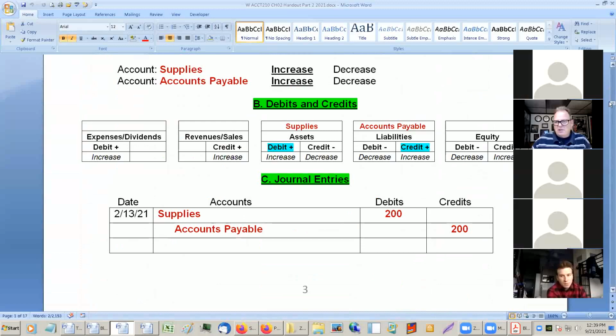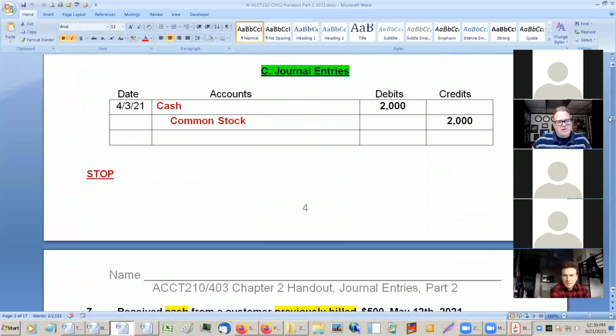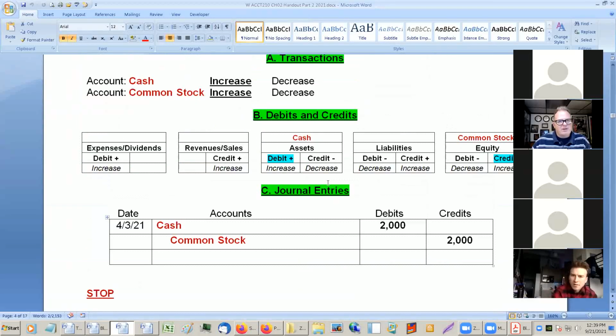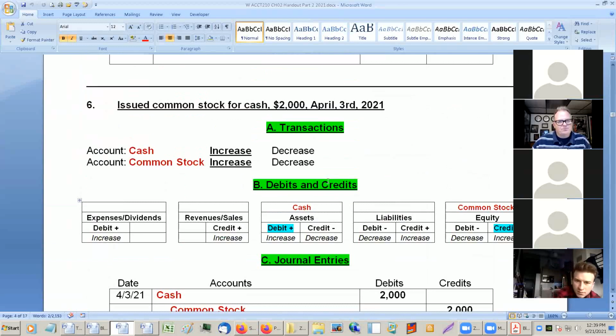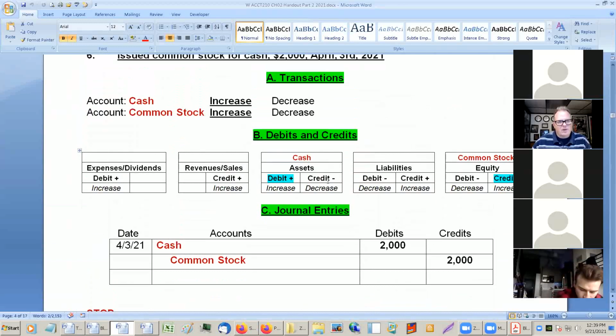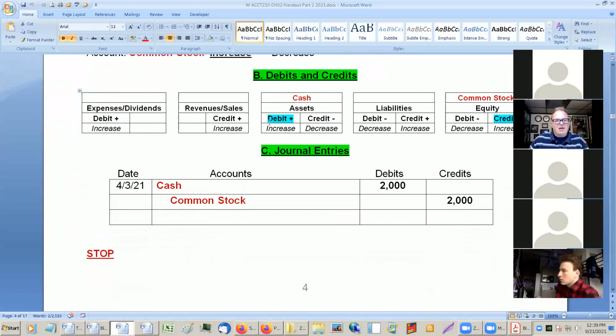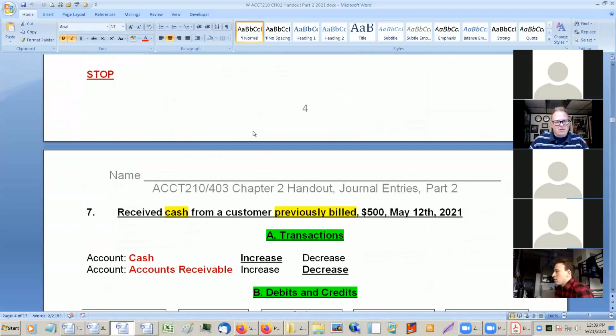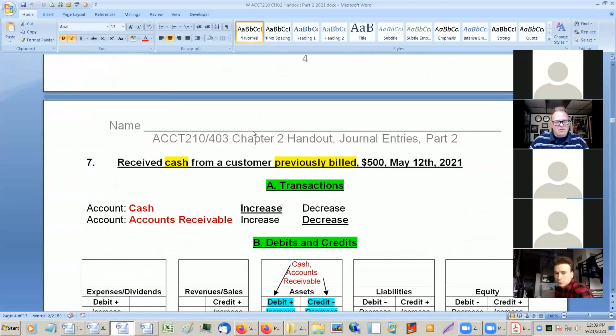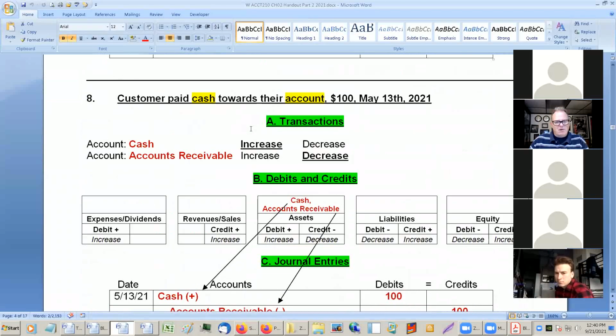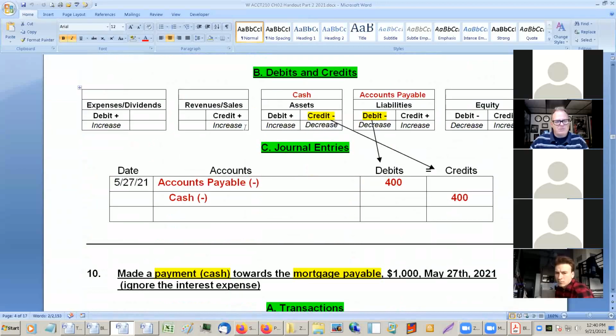I can't remember how far we got here. Oh, here we go. Stop. Okay, so we got to number 6, so we'll start up on number 7. I thought we got further than this. That must have been the first stop.